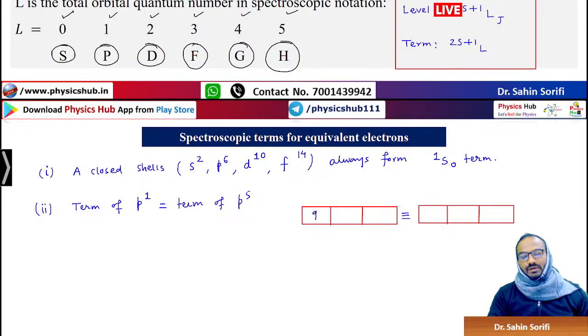You see, here only one electron, and here 1, 2, 3, 4, 5.